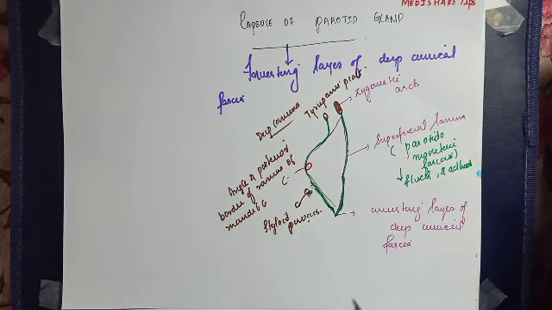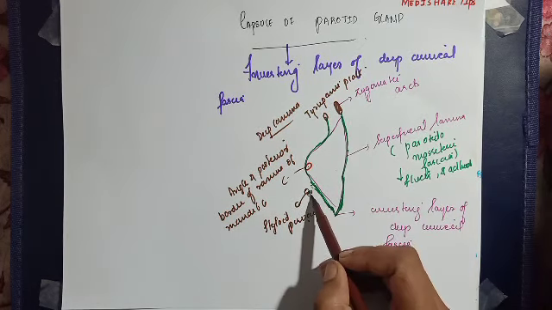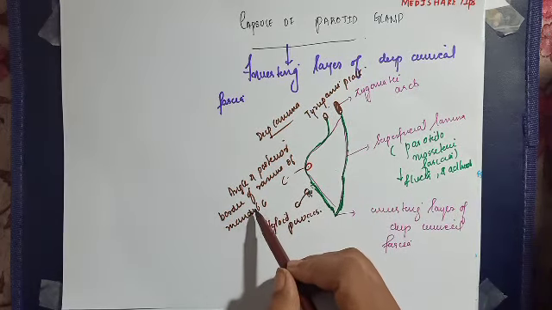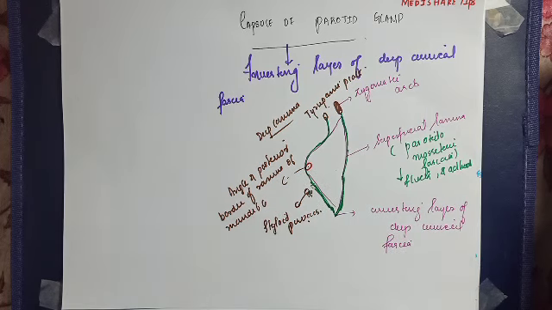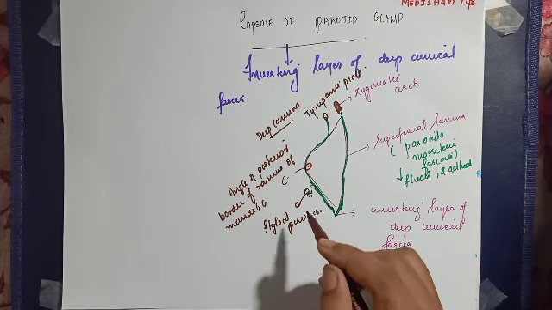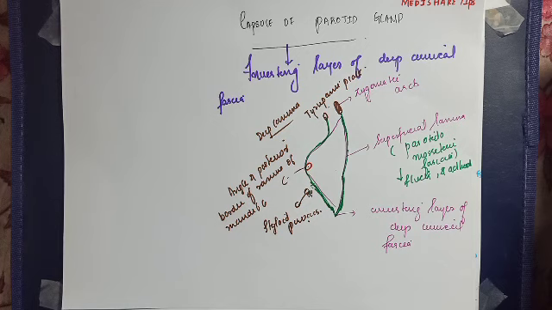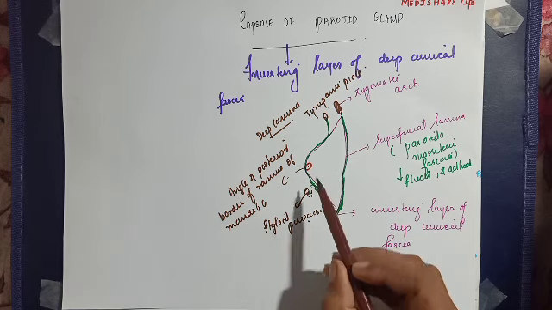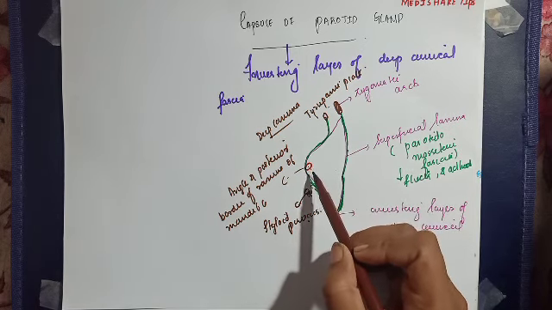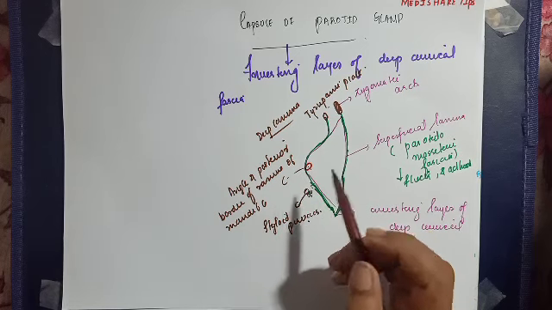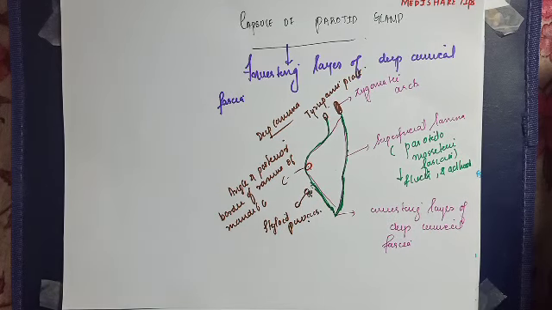Now, the deep lamina is thin and it is attached to the styloid process, tympanic plate and angle and posterior border of ramus of mandible. A part of the deep lamina extending between the styloid process and mandible is known as the stylomandibular ligament, which separates the parotid gland from the submandibular salivary gland. And the stylomandibular ligament is pierced by the external carotid artery. So that is the important point here.